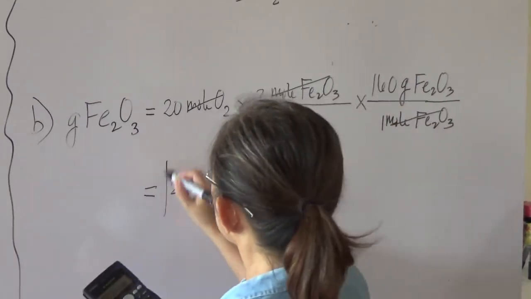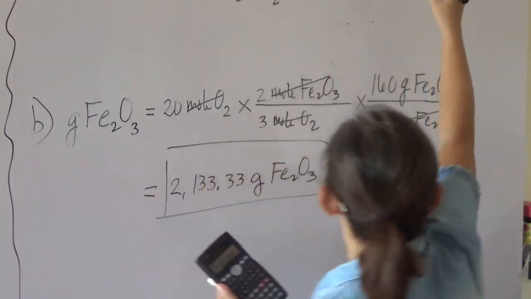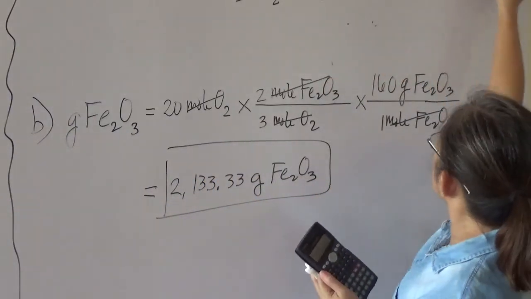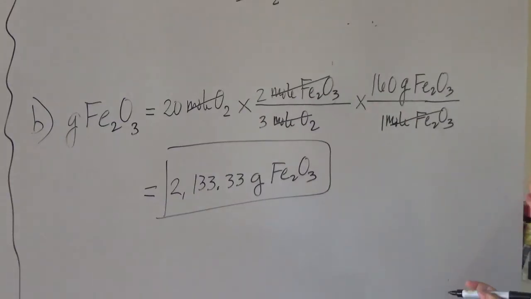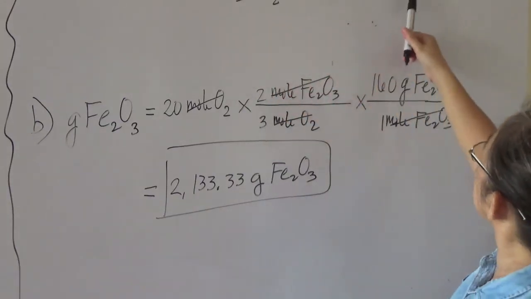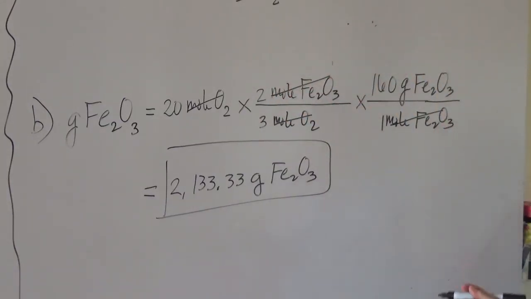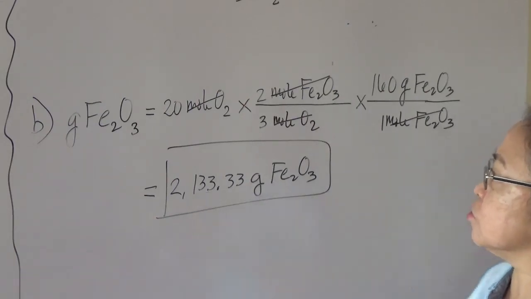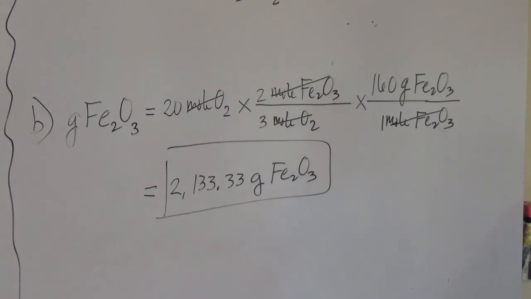Okay, so this is now the amount that is being produced. This is the amount of iron needed. So if you have 20 moles of oxygen, it needs 1,493 grams of iron to react completely in order to produce 2,133.33 grams of ferric oxide. We'll continue with the other problem in the next video, same reaction.